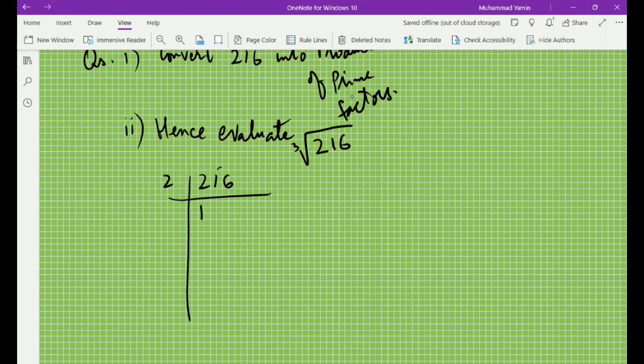So we have to combine it with 6 to make it 16. But this cannot happen without adding a 0 here. So 2 8s are 16.